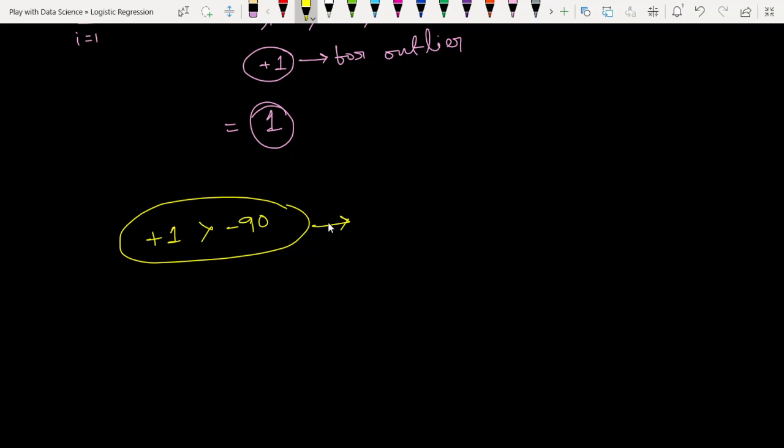So this is the main problem. Case 2's summed value is the maximum, greater than case 1, but our accuracy in case 1 is better. As per the mathematics of the logistic equations, we got pi 2 as my classifier.